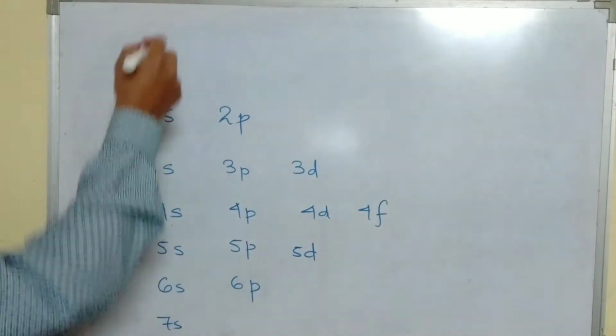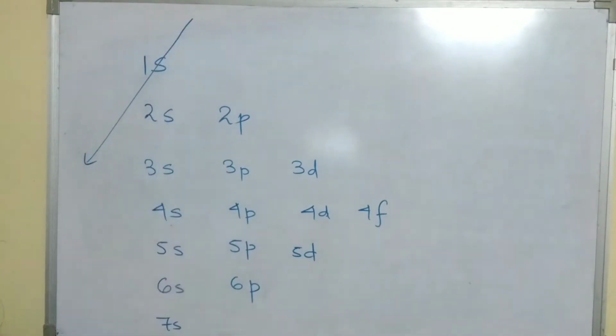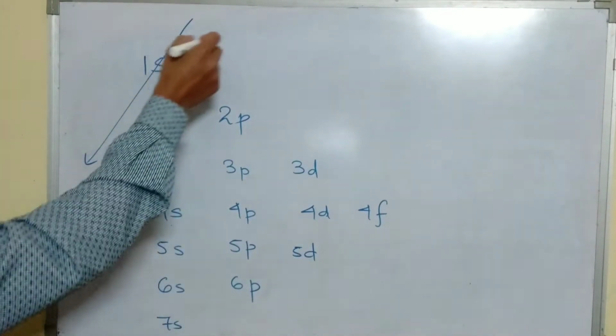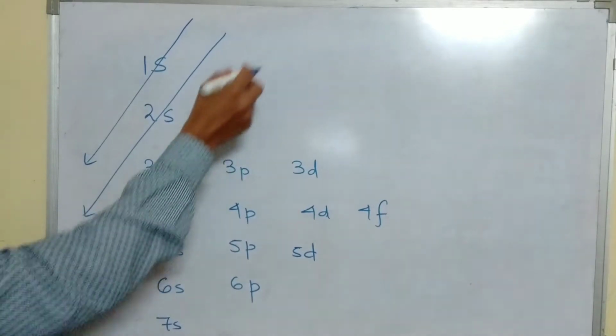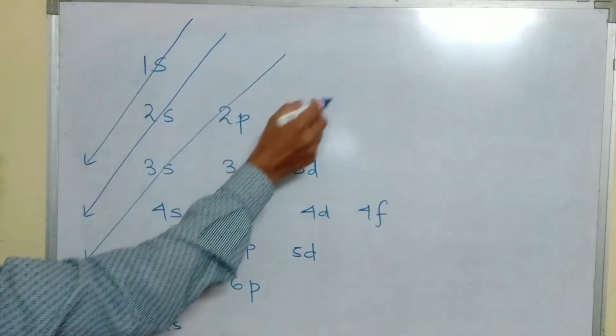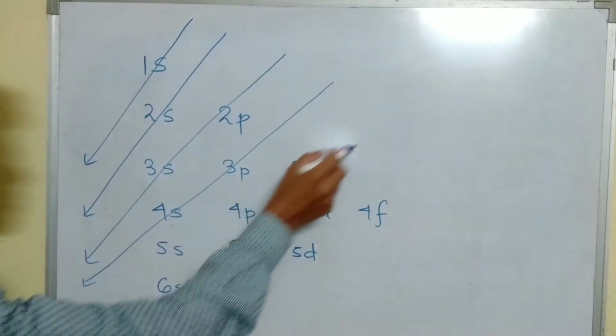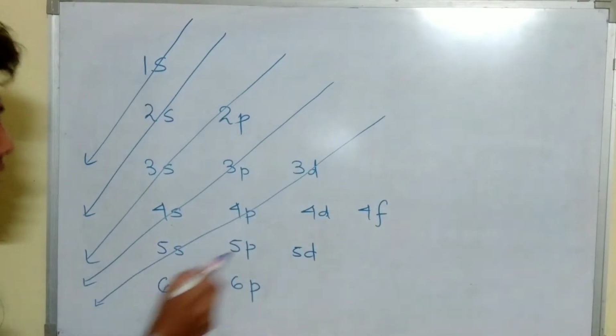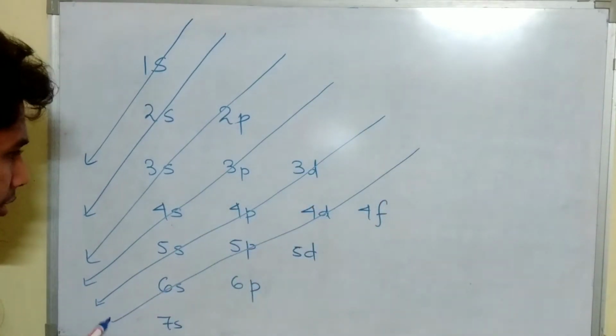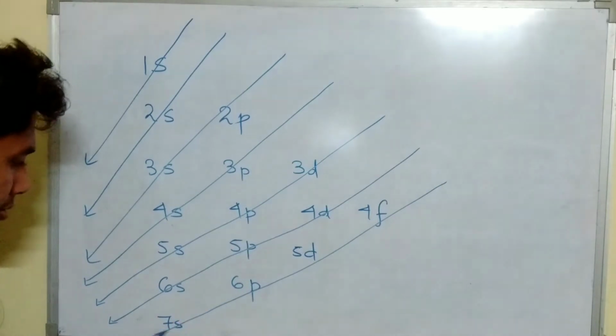Now if we draw arrows like this, then we go like this, then like this, and after that like this.